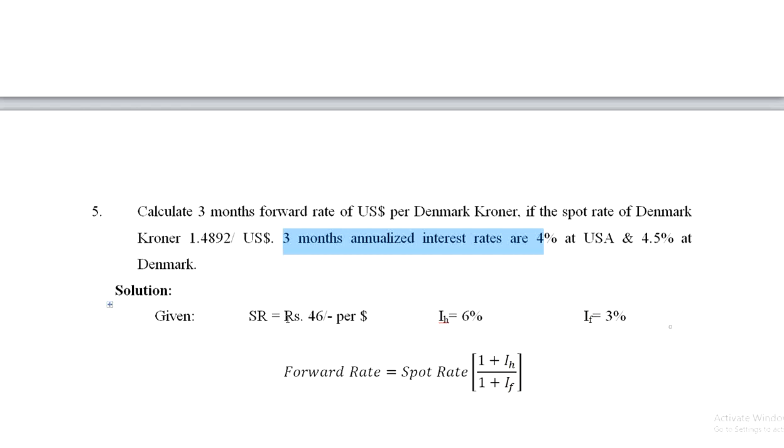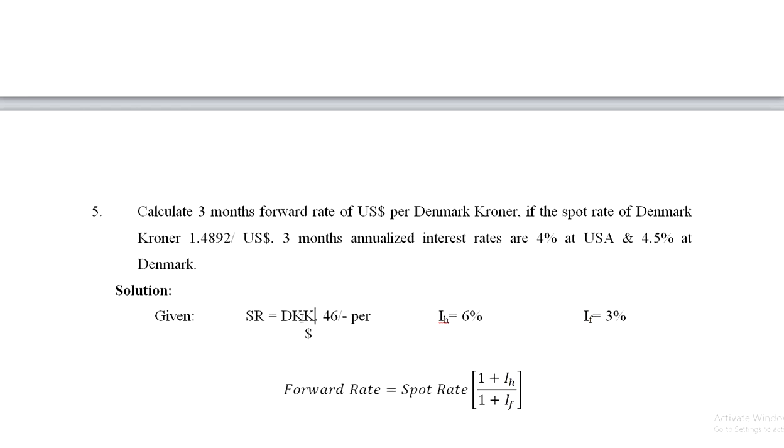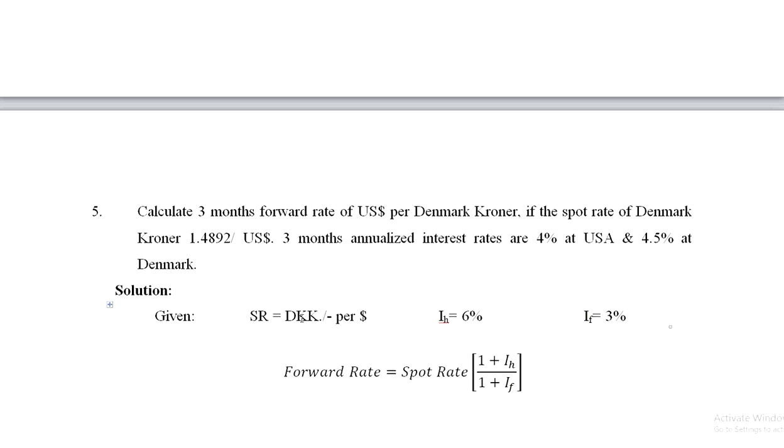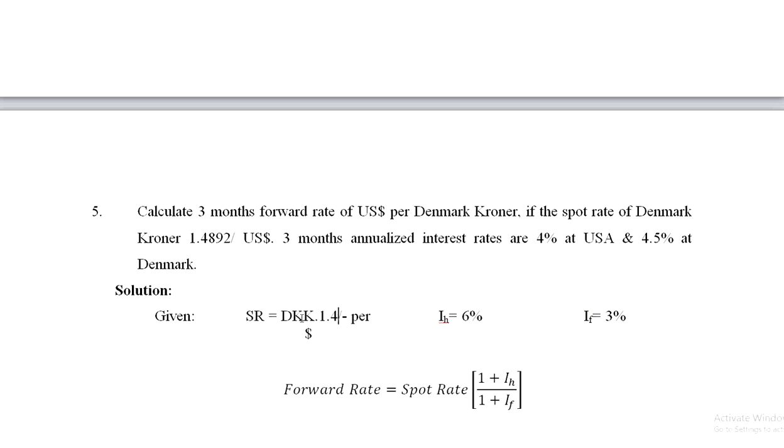So the spot rate is going to be, Denmark kroner is written like this, DKK. Denmark kroner is 1.4892 per dollar, right? Per dollar you have to pay that.